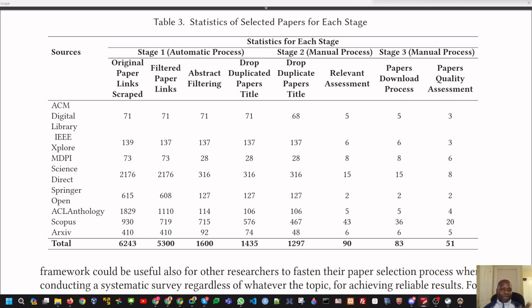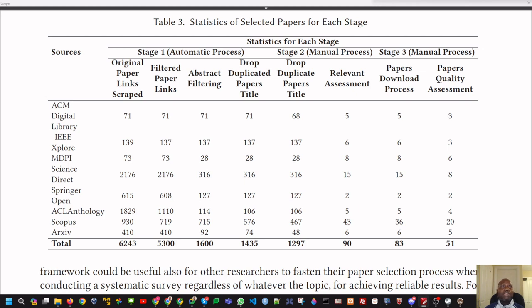The dimensions become a framework where you pick each paper and you assess it according to the dimensions. And this is very important. It's very well organized, it's very scientific, and that's the sort of literature review that you are expected to learn how to do.